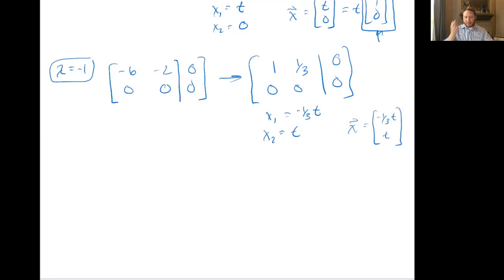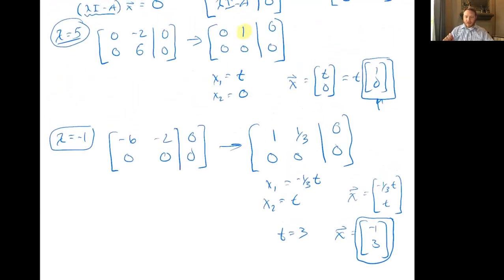Okay, now pick your favorite non-zero t, because zero is just going to kill it. How about 3 or -3? So I'm going to pick t as 3, which gives me the eigenvector of -1, 3. Okay, and again, there's not just one. There are lots of different values of t to pick. And so I found the 2 eigenvectors that correspond to the 2 eigenvalues.